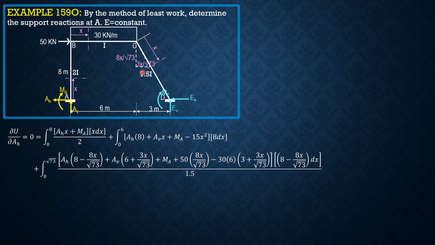Then the partial derivative of this moment equation with respect to AH is 8 minus 8x over square root of 73. The whole integral divided by 1.5 because the moment of inertia is 1.5I.